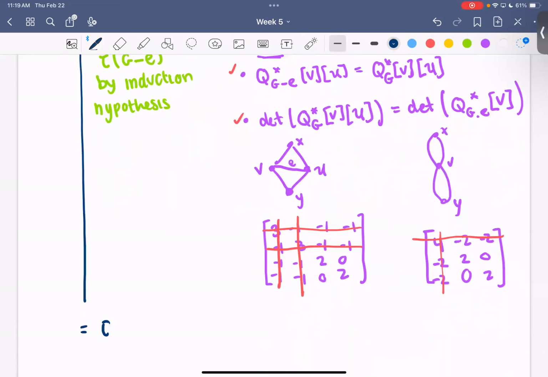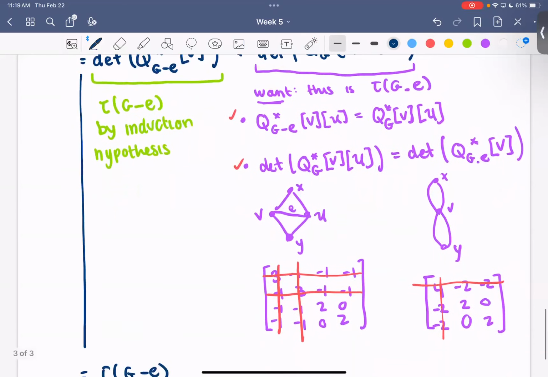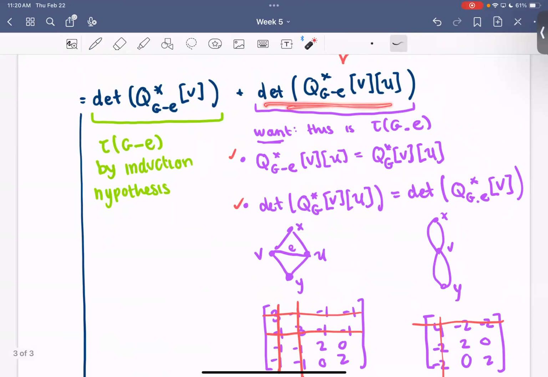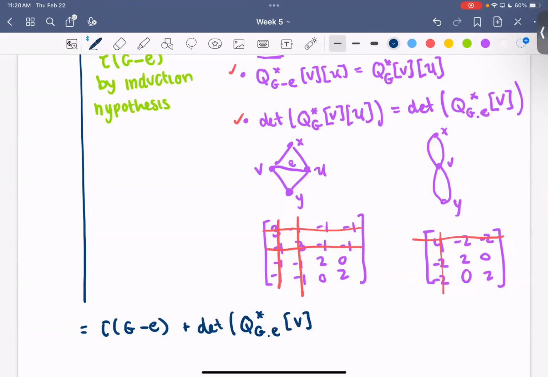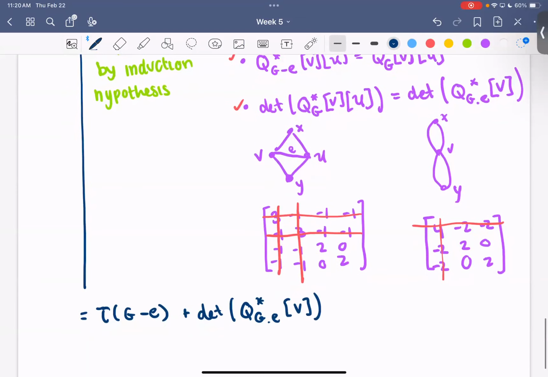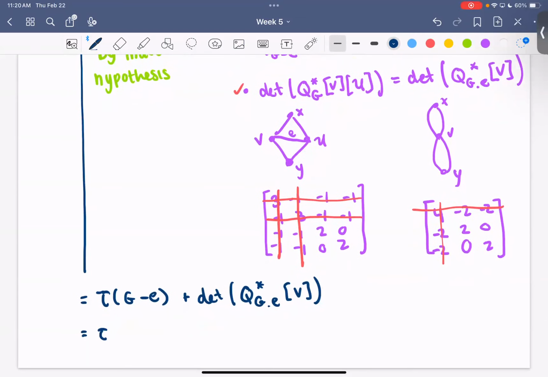So we have tau G minus E here, and now we're replacing this determinant with the determinant of Q G contract E star of V, which then again, by the induction hypothesis, is just the number of spanning trees of G contract E, which by our proposition is equal to tau of G. And that finishes the proof.